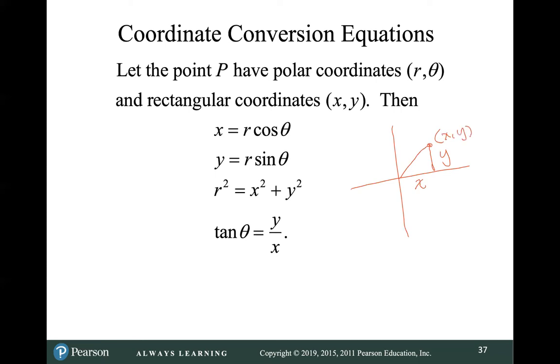But we also said, well, that's a dilation of the unit circle. And since the unit circle had cosine of theta, comma, sine of theta, our new point can be written as a dilation of that, multiplying it by our radius or our magnitude. So the point then becomes r cosine of theta, comma, r sine of theta.